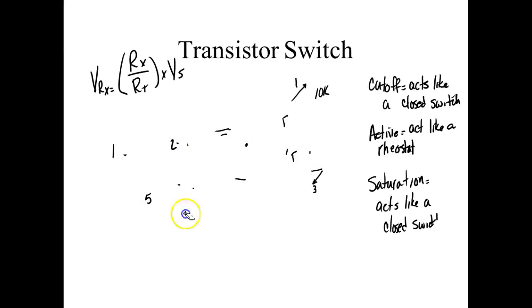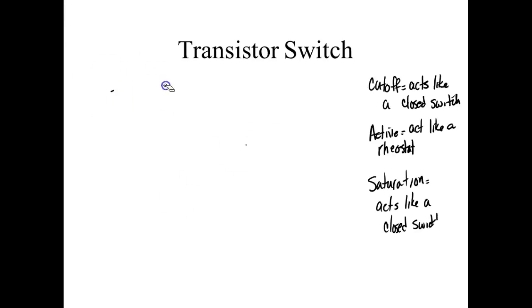So we've got two places we're going to use this switch. We can use it like this. So I could put my load right here. That could be anything. Could be a light bulb, could be an LED, could be a relay, could be anything. I'm going to come over here and put my switch right here.